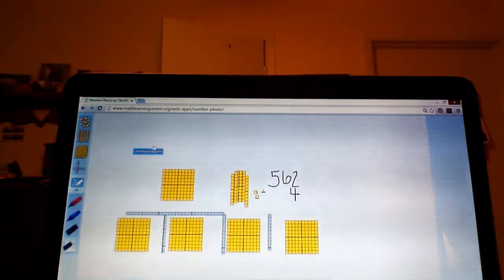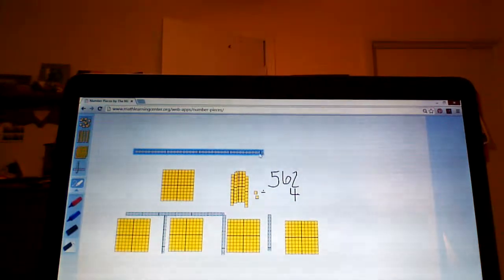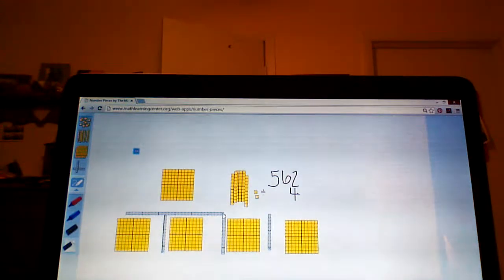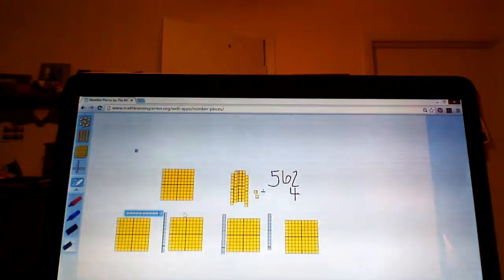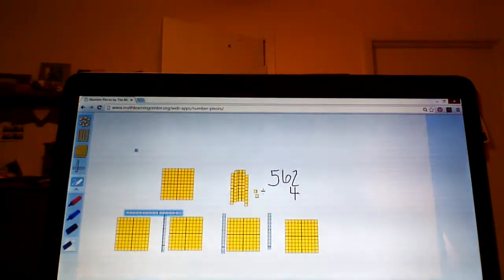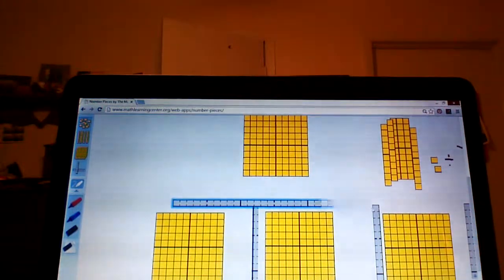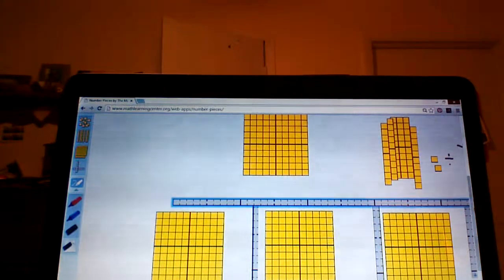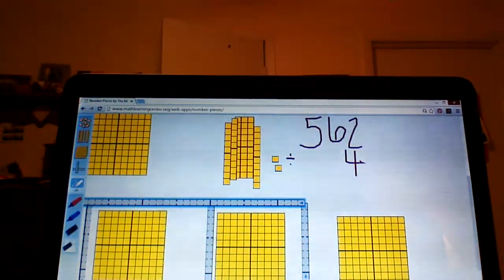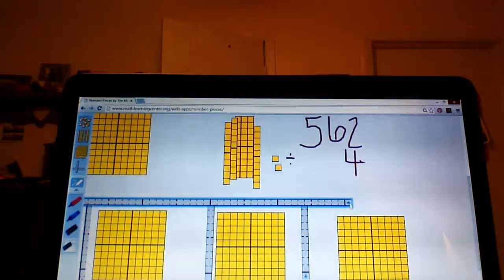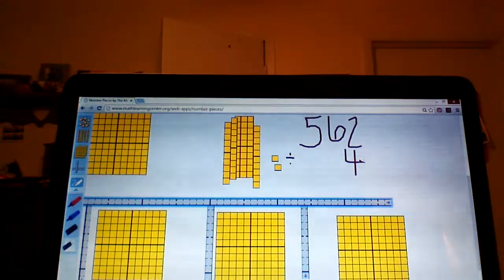Come on. Come on. Why won't it happen? Okay, if I zoom up it works, but if I don't, it doesn't. There we go. Let's see if it works now.